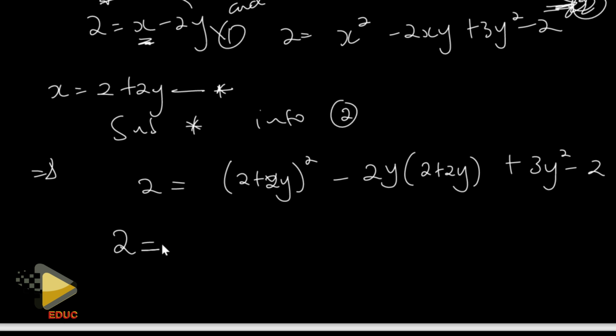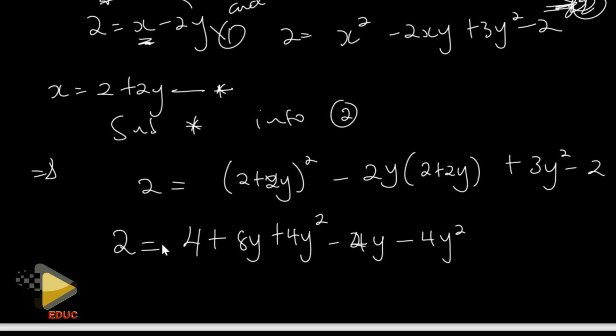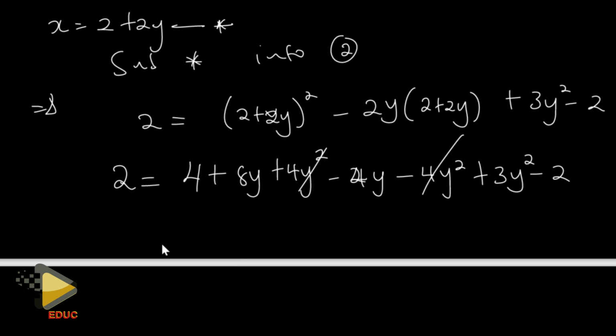So 2 is equal to, when I open this, please the FOIL, that's going to be 4 plus 8y plus 4y squared. Open this up, minus 4y, and then minus 4y squared plus 3y squared minus 2. Let me collect the like terms. I have minus 4 plus 4. This can cancel that. Then I just have 3y squared.